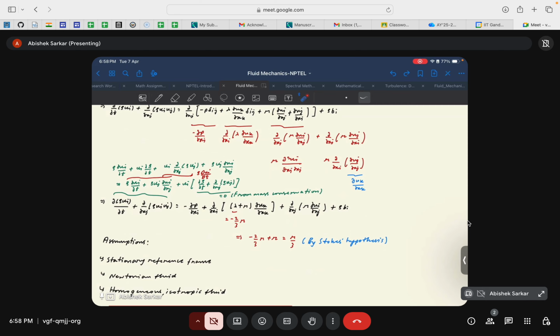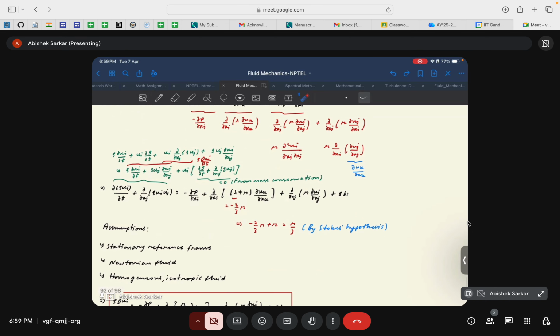So you can take this ∂/∂xi out as a common factor and just sum these two terms. So you will have lambda plus mu times ∂uk/∂xk, considering that lambda and mu are not functions of space, plus the final term, ∂/∂xj of mu ∂ui/∂xj, plus rho bi.